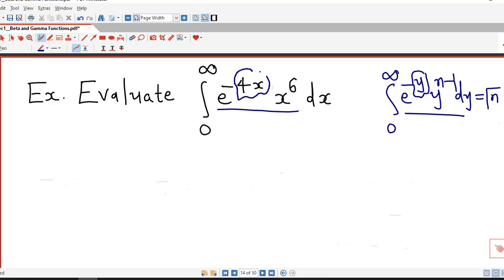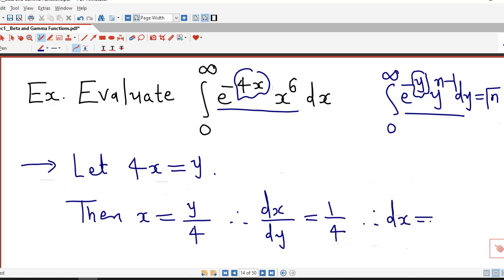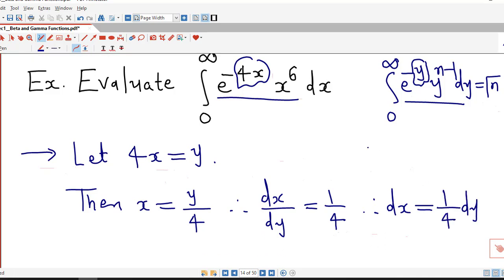From this we can see that we should change the variable from x to y by the substitution 4x equal to y. Then x is y over 4, and therefore the derivative of x with respect to y is 1 by 4, so we replace dx by 1 by 4 times dy.